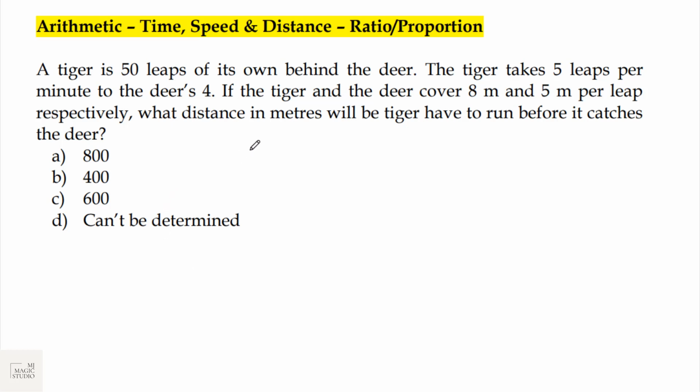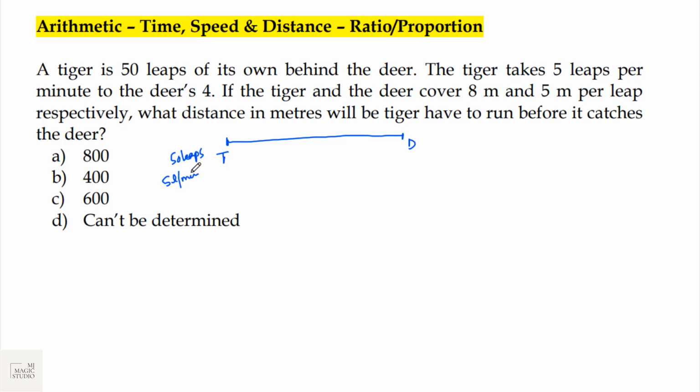Let's see what we have. A tiger is 50 leaps of its own behind the deer. Deer, and here is tiger, 50 leaps behind of its own. The tiger takes 5 leaps per minute to the deer 4.